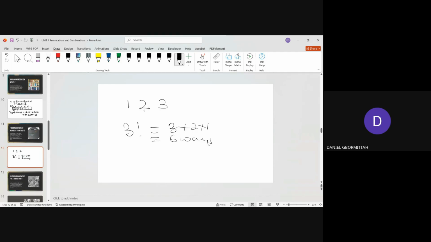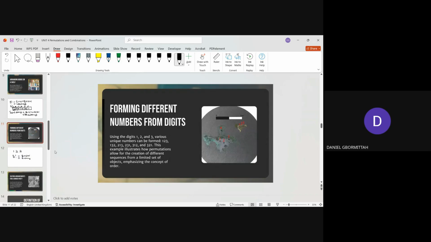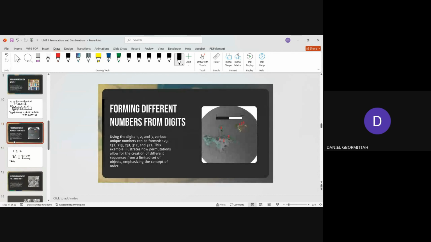But can we try that? So let's see what we have here. The first one, we have 1, 2, 3. Let's write that so that people can see. We can maintain this as the first one. Then the second one, we can also have 1, 3, 2.